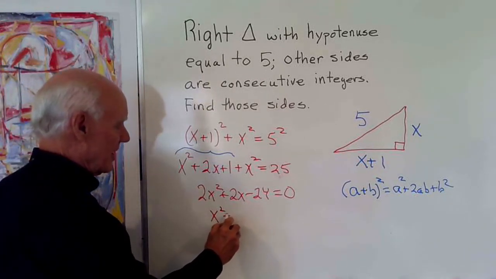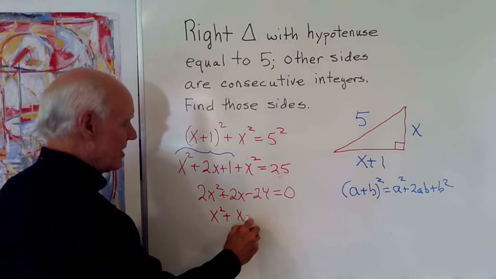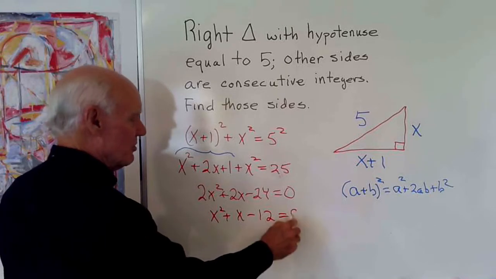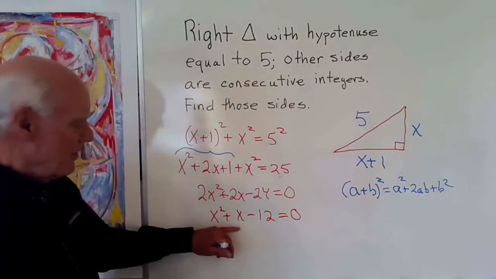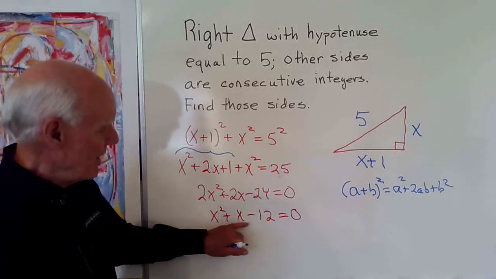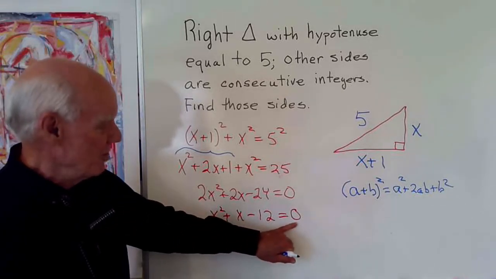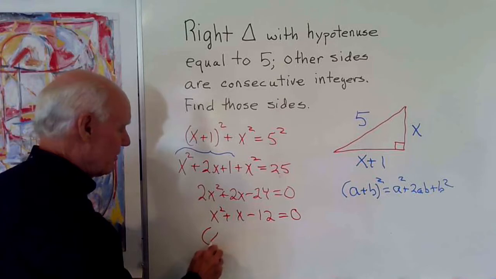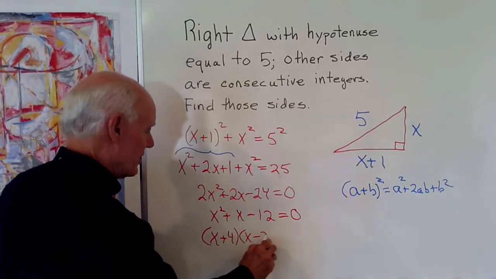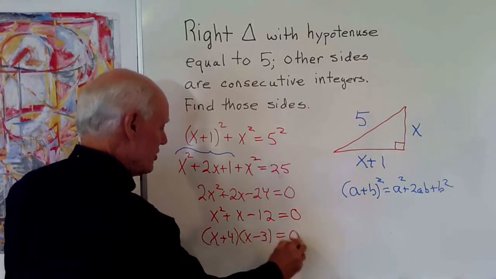And on this side I get x squared plus x minus 12 equal to 0, since 0 divided by 2 is still 0. So I have a quadratic equation. It's in standard form with decreasing powers of the variable on one side, 0 on the other. So I'm going to factor it into (x plus 4) times (x minus 3) is equal to 0.